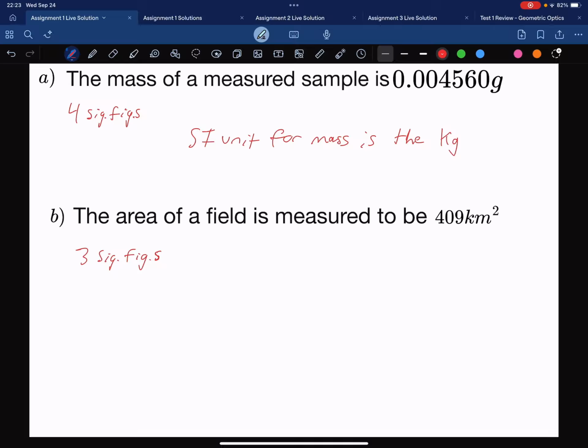And the SI unit for distance is the meter. Now, I did not specify, but I was hoping that I would see meters squared, because here we have kilometers squared. I gave you the mark if you just said meters, though. So I would have taken both.